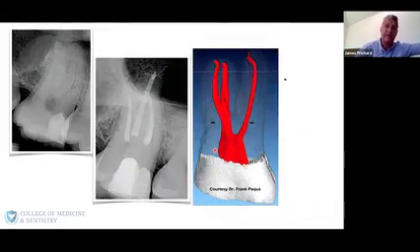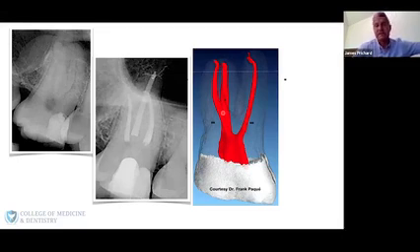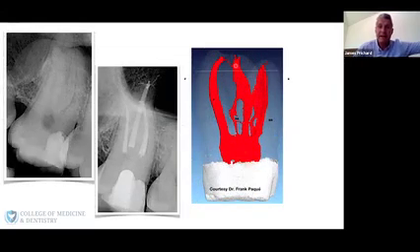And again, if we look at Frank Paqué's micro CT of an upper first molar, from the buccopalatal, which is a classic image that we would take radiographically, it seems that we have a relatively uncomplicated root canal system. However, if we turn that image through 90 degrees, we can see that actually the root canal system is significantly more complex than it appears.